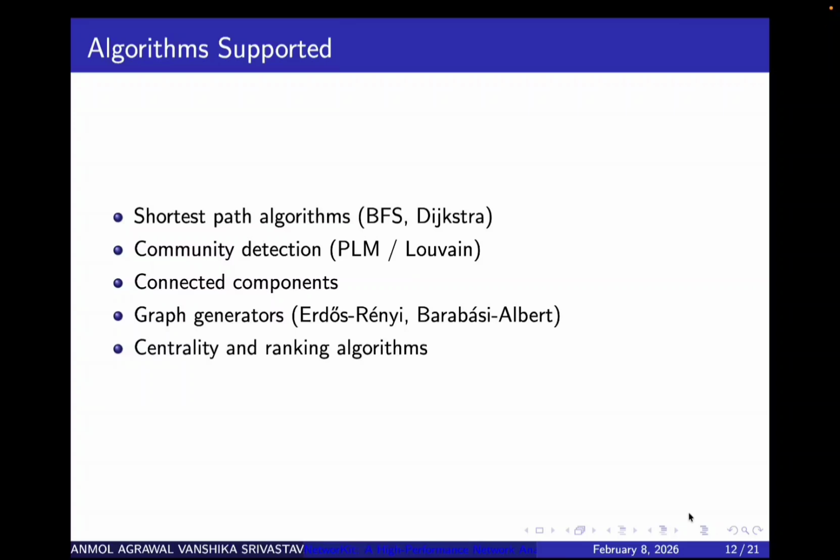This includes shortest path algorithms like BFS and Dijkstra, community detection algorithms like Louvain PLM, and connected component analysis. It also provides graph generators such as Erdős-Rényi and Barabási-Albert models. These are useful for simulation and experiments.